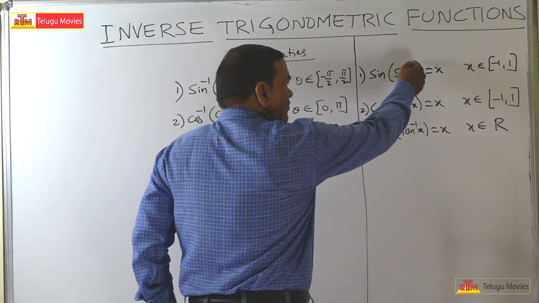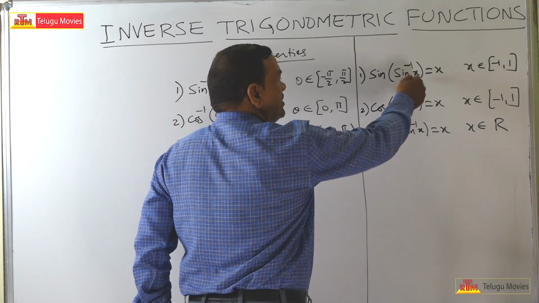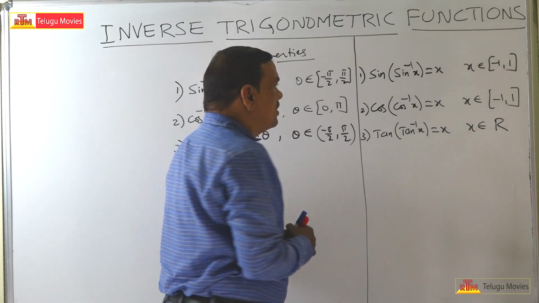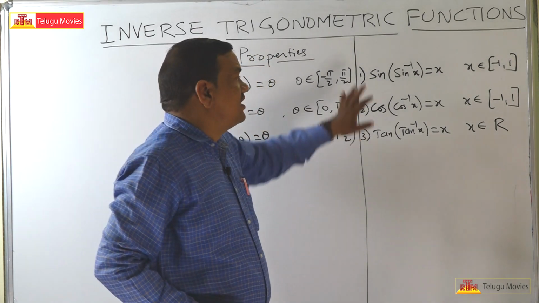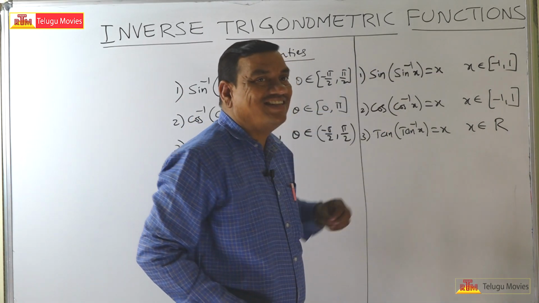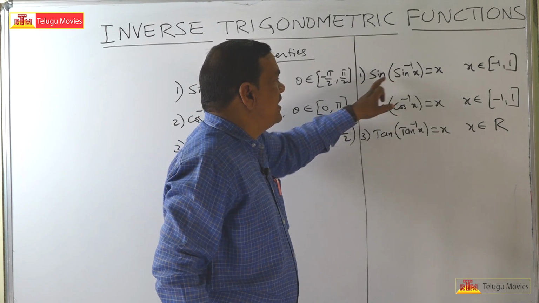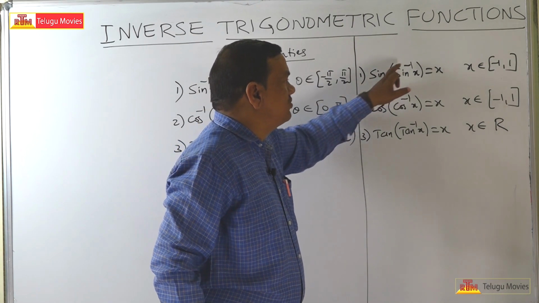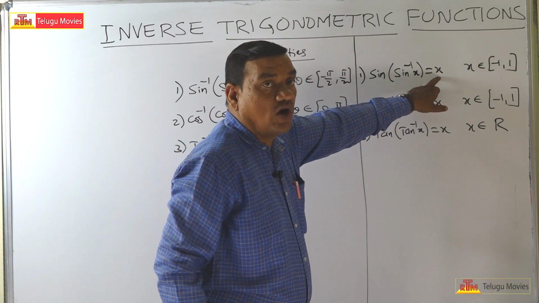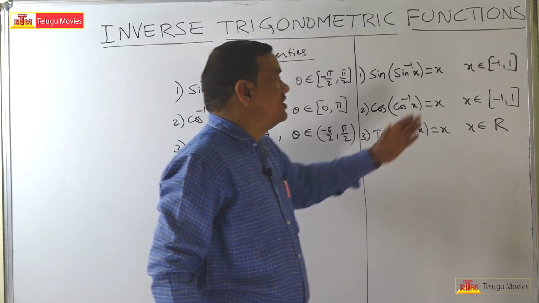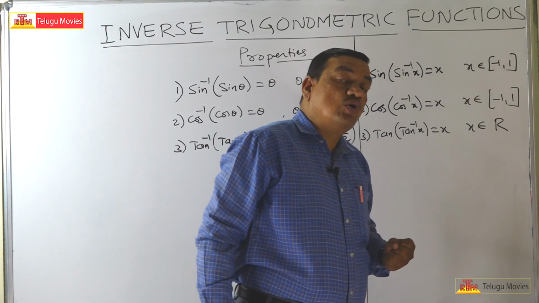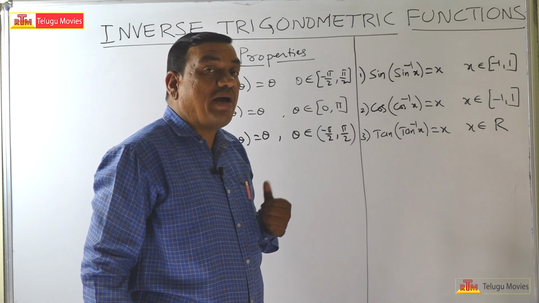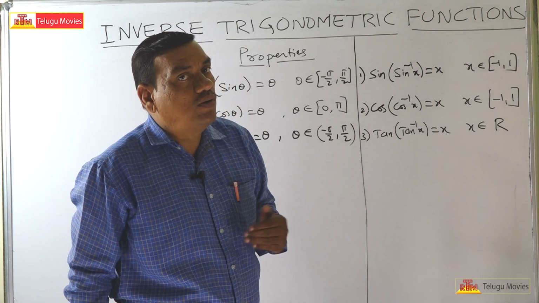Sin inverse of x is an angle theta, and sin theta is equal to x. What is the range of sin theta? The output is x, so x belongs to the closed interval minus 1 to 1, with maximum value 1 and minimum value minus 1.